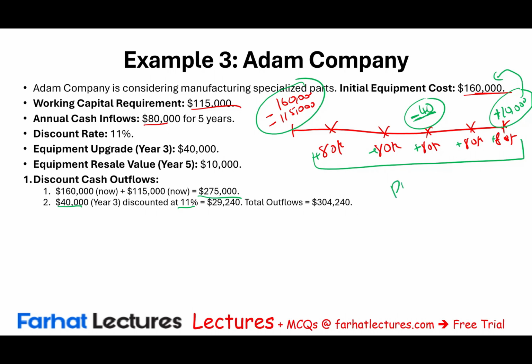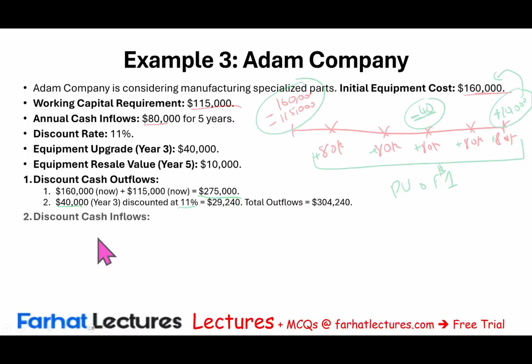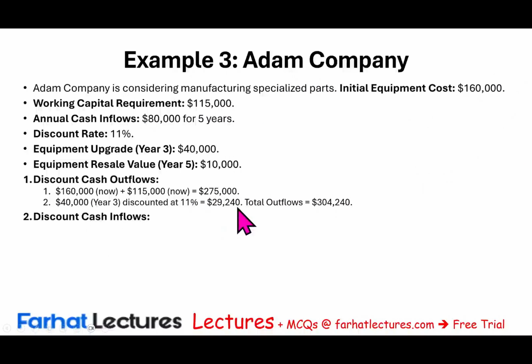We go to the present value of 1, the present value of a single amount. Let me show you the tables. This way it's easier for you rather than saying where these numbers are coming from. So let me show you how we come up with $29,240 for this 40,000. Remember, year 1, 2, 3. We have to come up with this 40,000 in year 3.